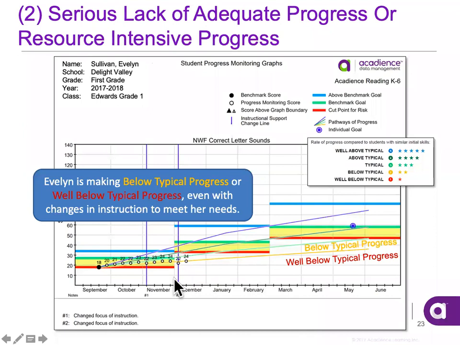And that's what the team working with Evelyn should be focused on. How much time? How many days a week? What instructional approach? What skill should we be focused on? How explicit does the I do it, we do it, you do it cycle need to be? How many practice opportunities are required, and so on. That's the conversation, not documenting failure.